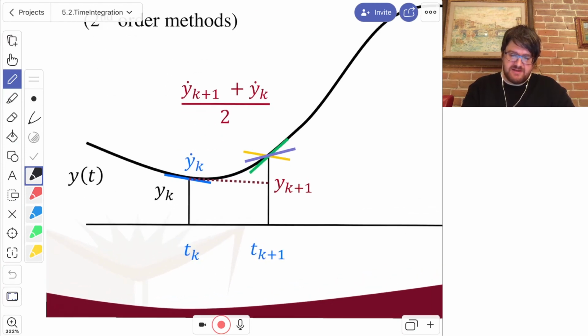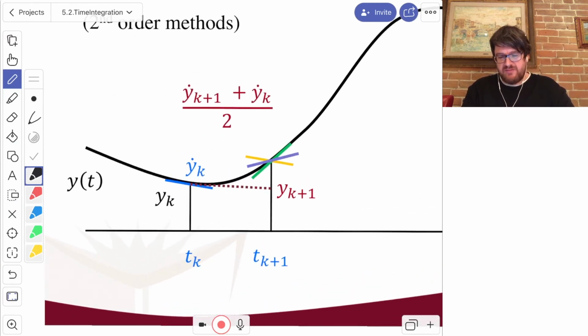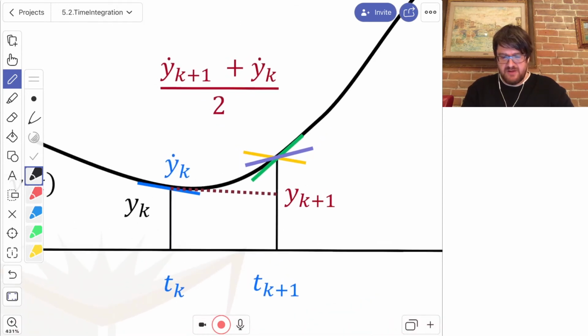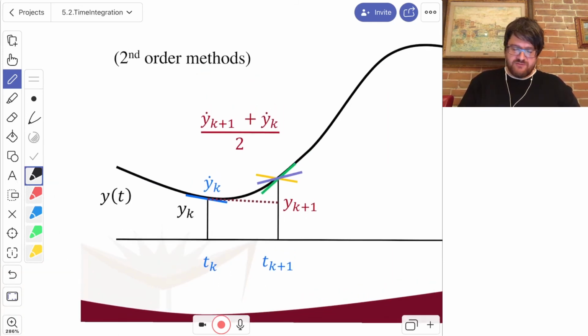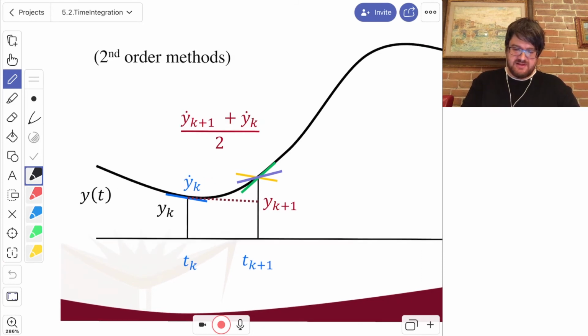But let's look at this problem in a more general sense. So we want to make the step using the first derivative at the point tk plus something, the derivative at the next point, or averaging the derivative of the next point. But what if we just want to use the next point?